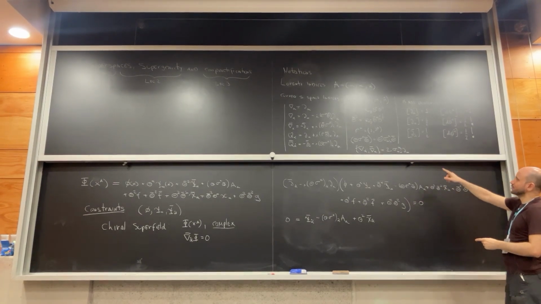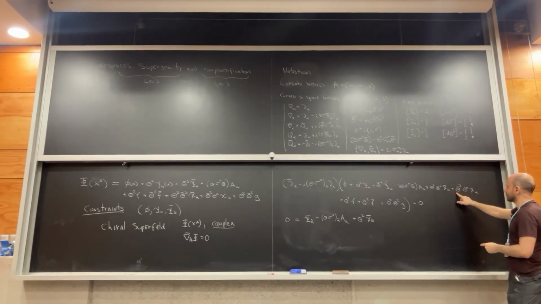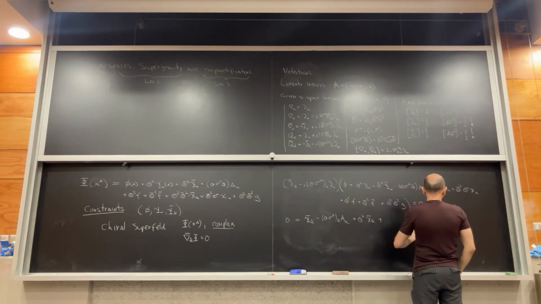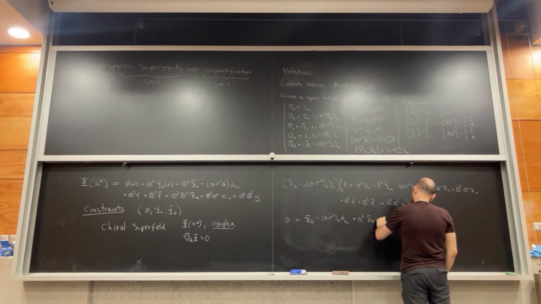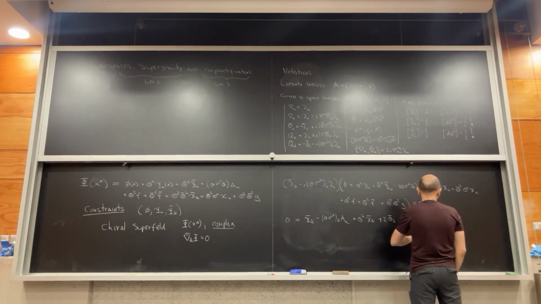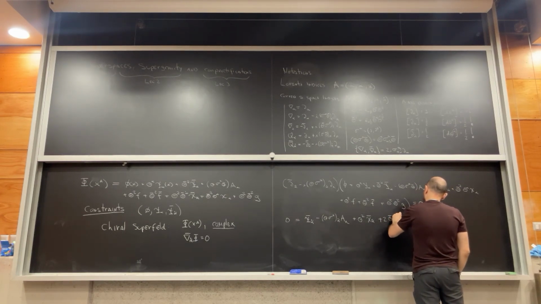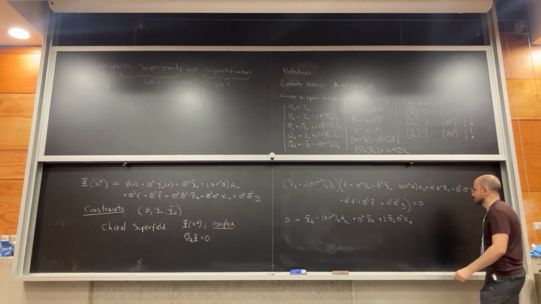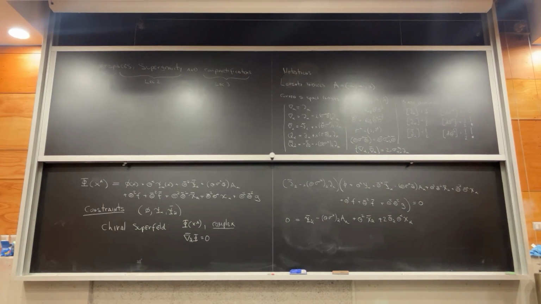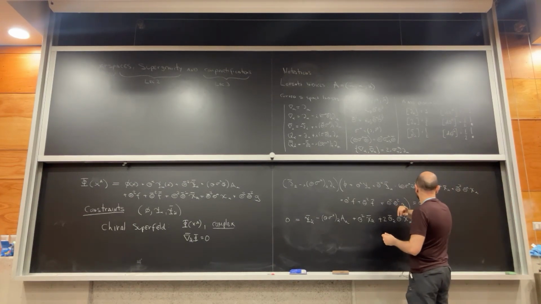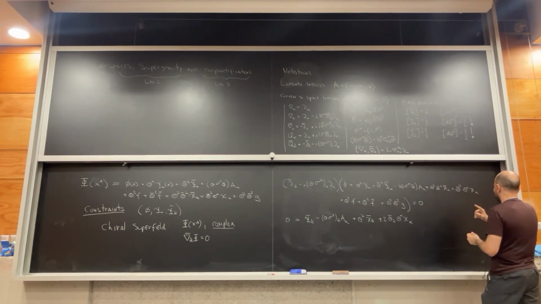Here, if I go by my definition, I'm going to get a 2. So this is 2 times theta bar alpha dot theta alpha chi alpha. And then this one, wait, did I forget something?